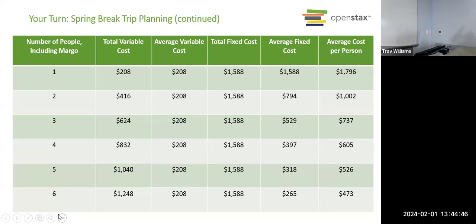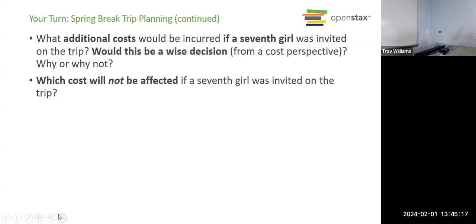Average variable cost of 208 plus 794 equals 1,002, right? Okay, so hopefully that math is right throughout there. But if we take the average variable cost and the average fixed cost, we get an average total cost per person, okay?